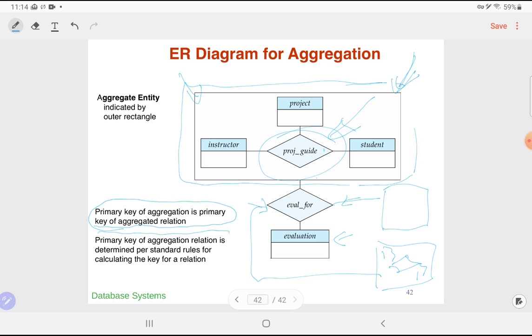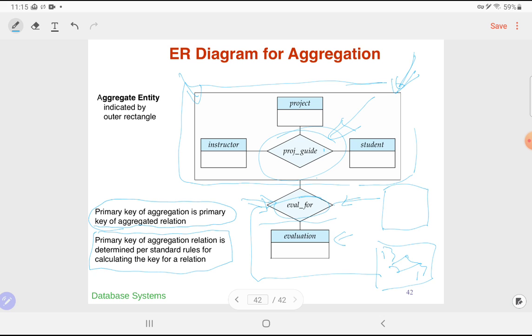What is the primary key of the aggregation relation? So what's the primary key of eval 4? The primary key of the aggregation is determined exactly the same way as we determine the primary key of any other relation between entities.